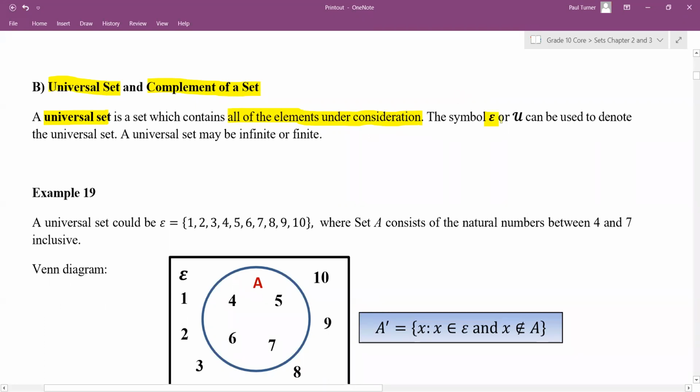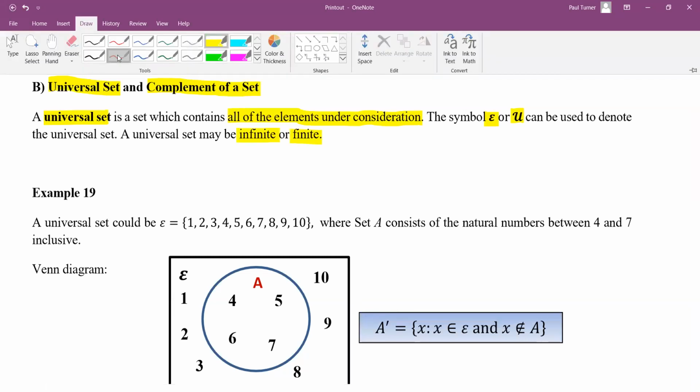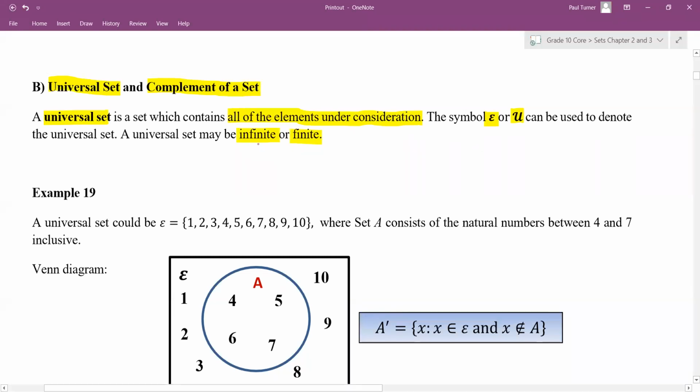And the symbol we use is epsilon, that's a Greek letter, or just a capital U, like that. And the sets may be infinite or finite. So as an example, an infinite set could be, remember, the set of even numbers. So that could be your universe. So we would write that like that. You know, like x such that x is an even number.